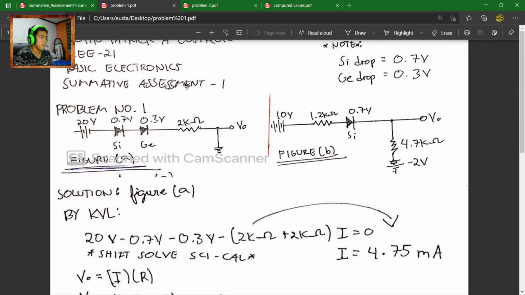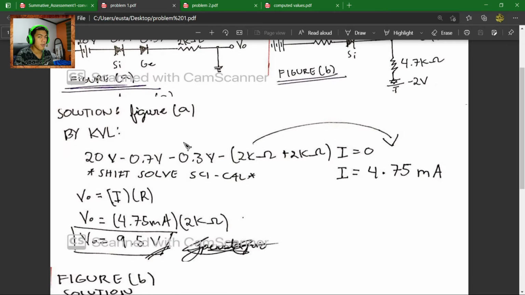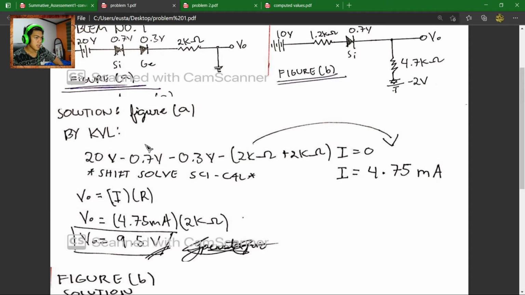Problem number 1. Here is figure A, solutions for figure A. To solve the VO, I must use Kirchhoff's voltage law, or KVL.